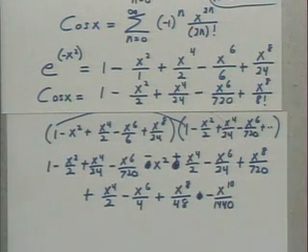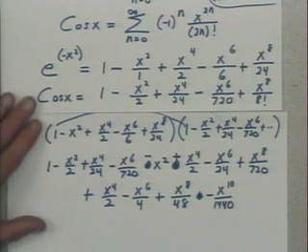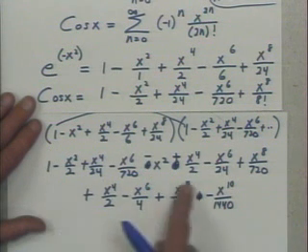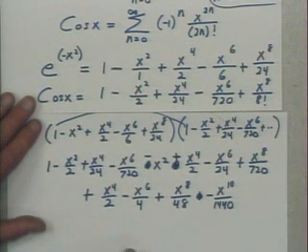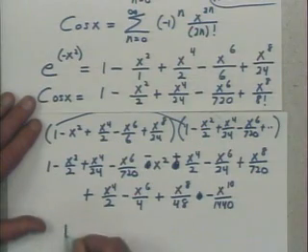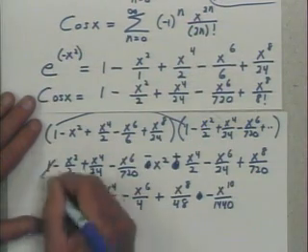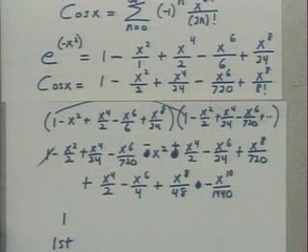Okay, now you say, how far do you have to go? Well, they want the first 3 non-zero terms. Is there going to be a 1 that survives? Yeah, so I got 1 term, right? Now the next term in line is going to be the one that has x squared in it.